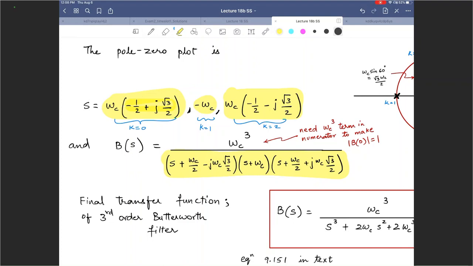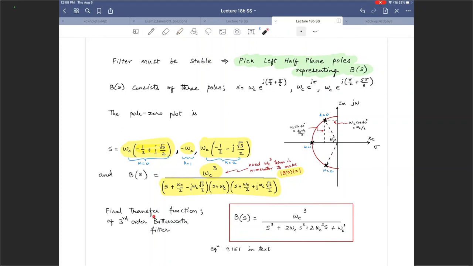So we are going to manipulate the B of s numerator to omega sub c cubed so that at frequency 0, the magnitude of B of s becomes 1. Omega sub c is the cutoff frequency. It's a constant. So multiplying by that in order to get a gain 1 filter should not make any difference.